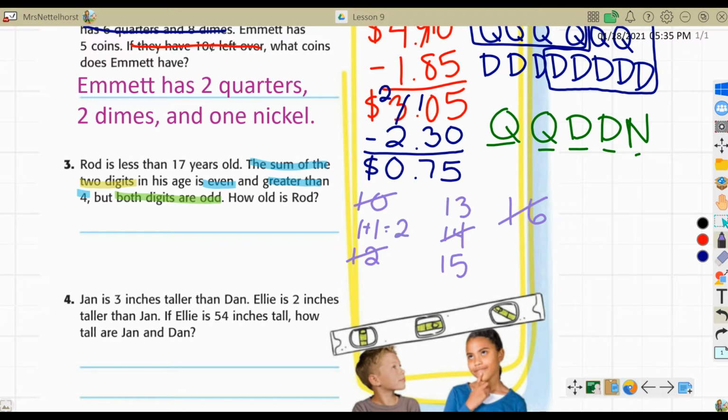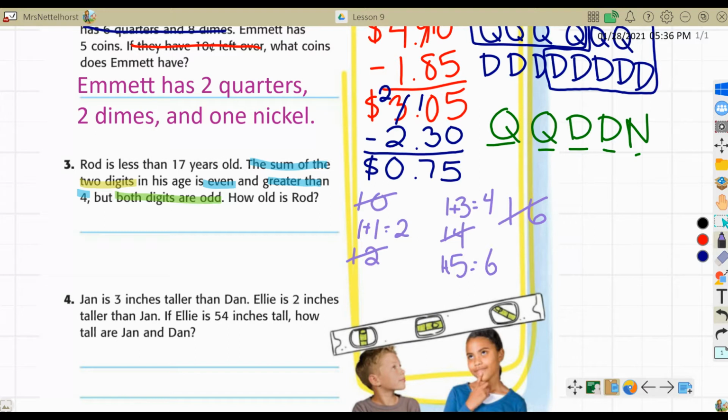So he could be 11. 1 plus 3 equals 4. So he could be 13. And 1 plus 5 equals 6. So he could be 15. Okay. So how old is Rod? Well, he's less than 17. The sum of the two digits of his age is even and greater than 4.